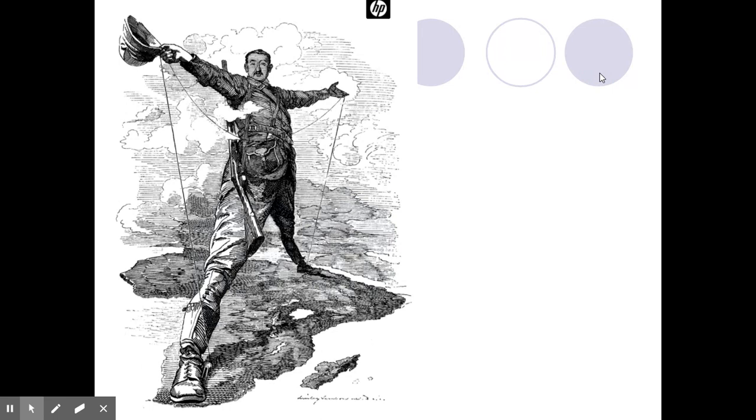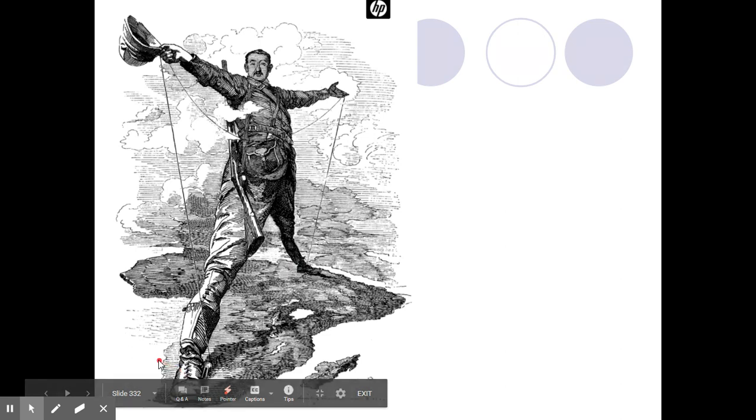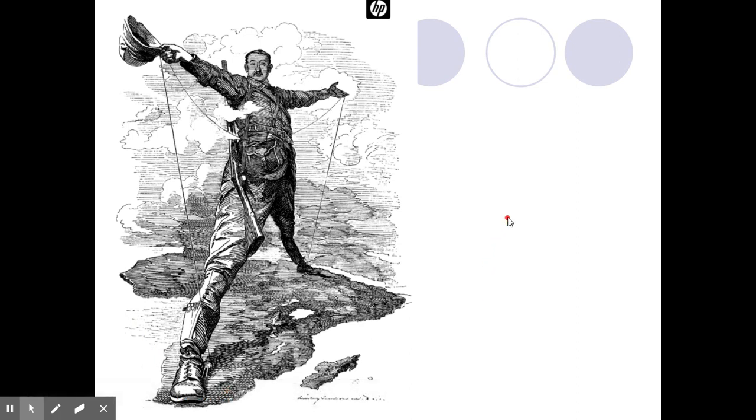Here is a great photo of Cecil Rhodes, the Rhodes Colossus, stretching over the continent of Africa. He has one foot in Cairo, Egypt, and the other foot in Johannesburg, South Africa. He's holding a telegraph or communication line, showing the power of the British to take over and dominate the continent of Africa. You'll notice he's got a lot of symbols of imperialism.